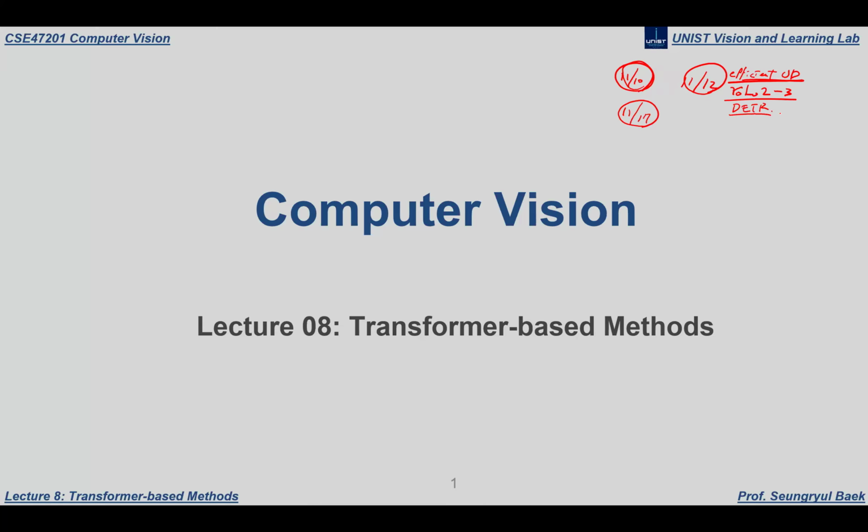We will learn about DETR today, which is the object detection pipeline based on the transformer. But I will introduce RT-DETR, which means real-time DETR, which produces real-time speed. Next classes, we will learn about that.